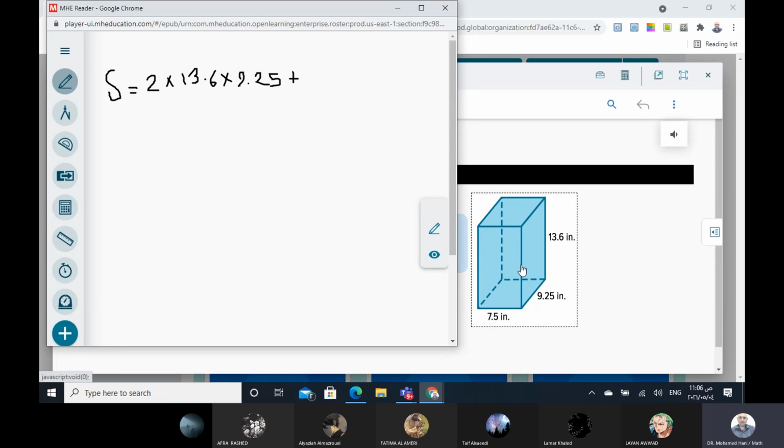And we have the front face here and the back face. Also the front face and the back face, the two opposite faces here, parallel and congruent, mean they have the same area. So we can solve the area of the front, then multiply the area by 2. How to find the area of the front? The front will be a rectangle, meaning length times width.